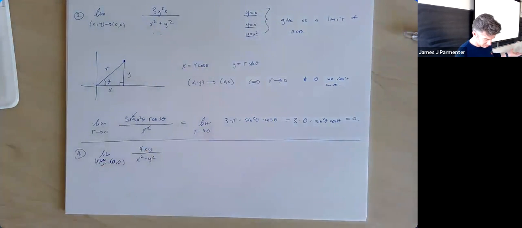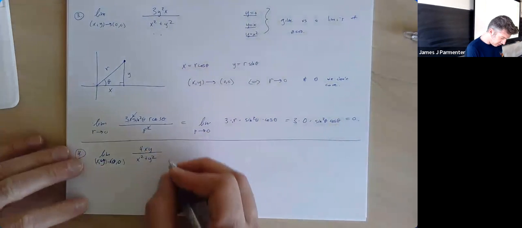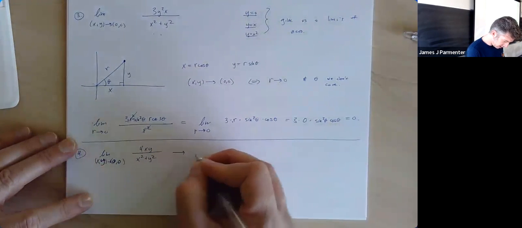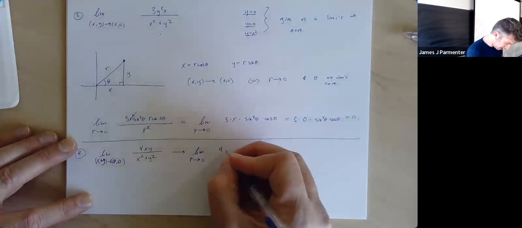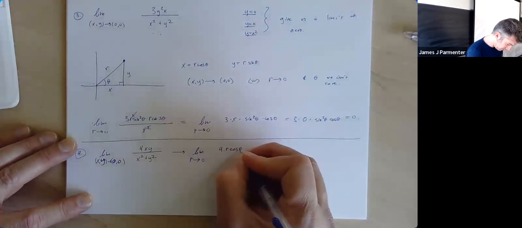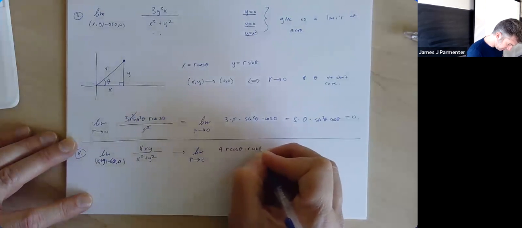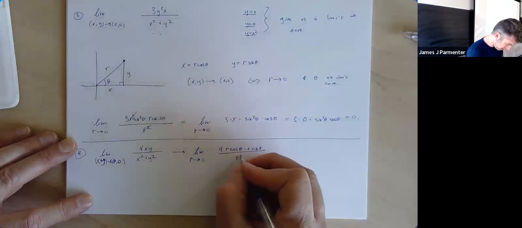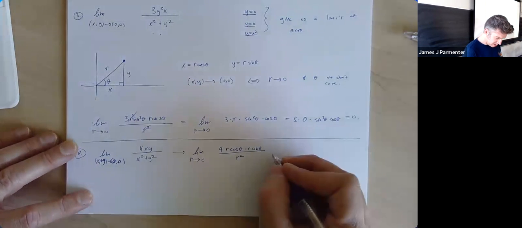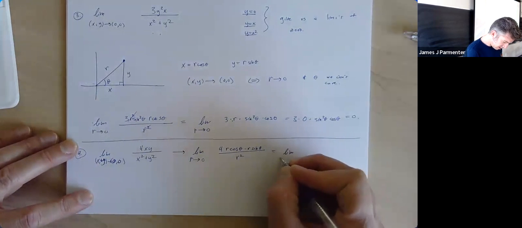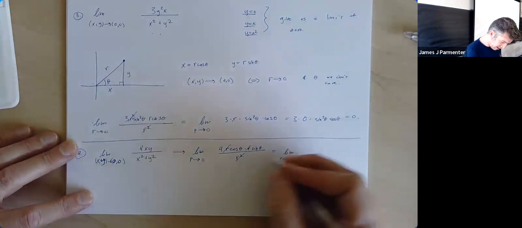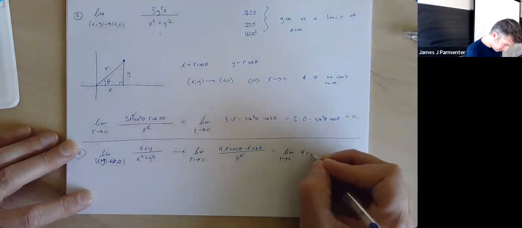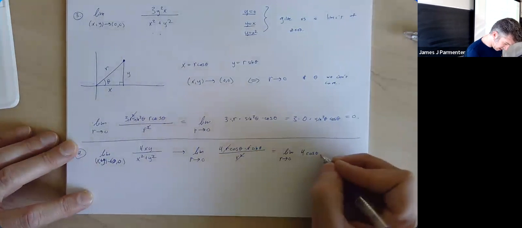Or if we try using polar, we're going to get the limit once again as r goes to 0 of 4 times r cosine theta times r sine theta, all over r squared. All the r's cancel, and then the limit as r goes to 0 of 4 cosine theta times sine theta.